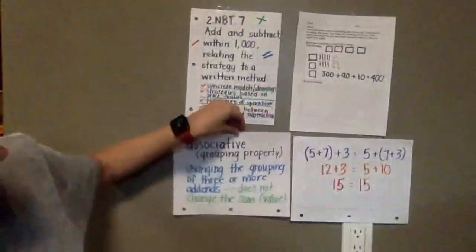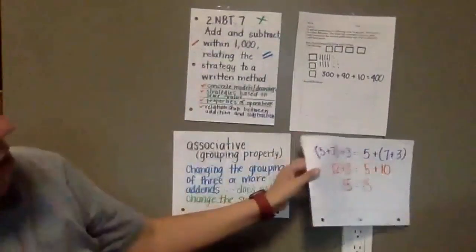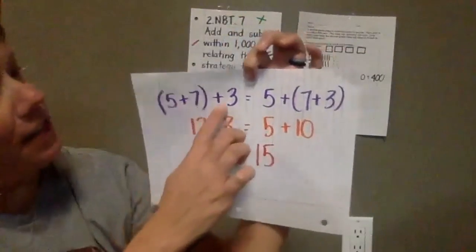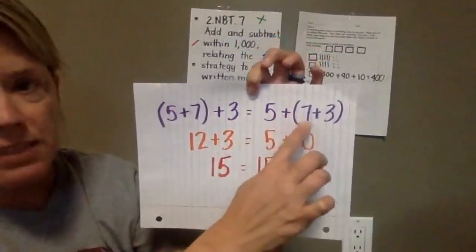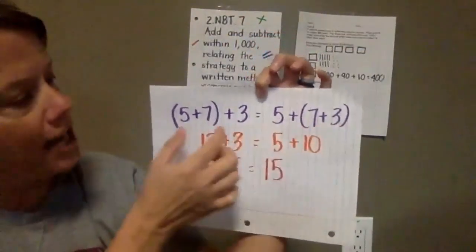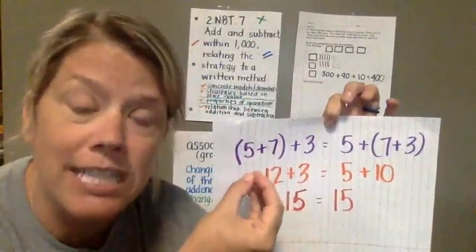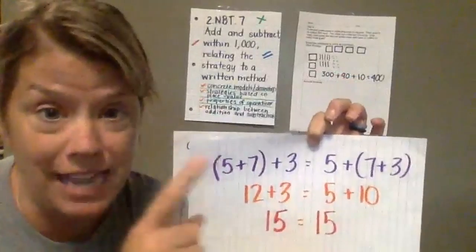An example of that I'm going to show you is if we were to say 5 plus 7 plus 3, but we add parentheses around two numbers. We group those numbers together, and that means we have to add those first.